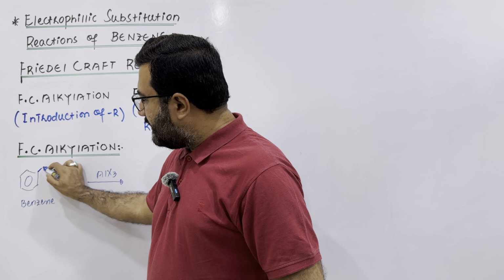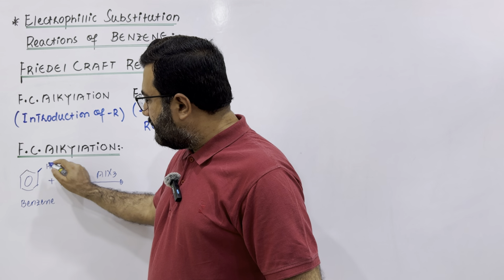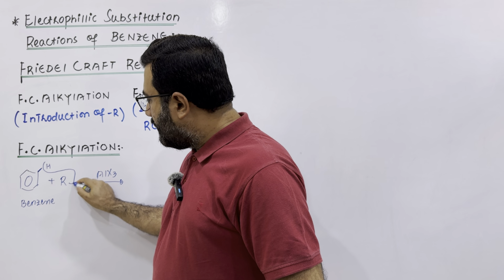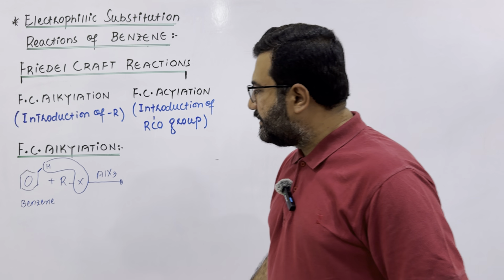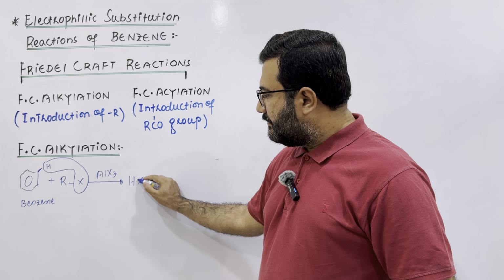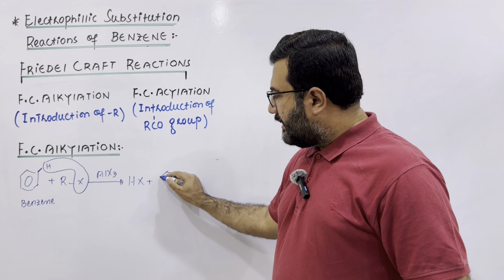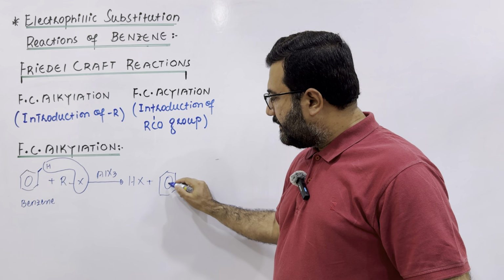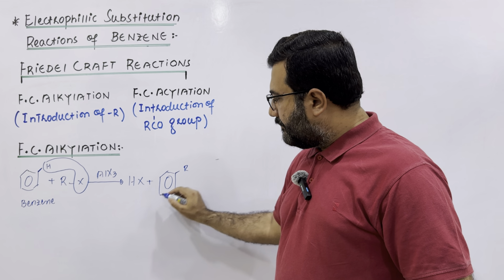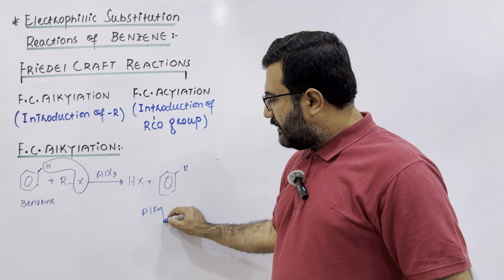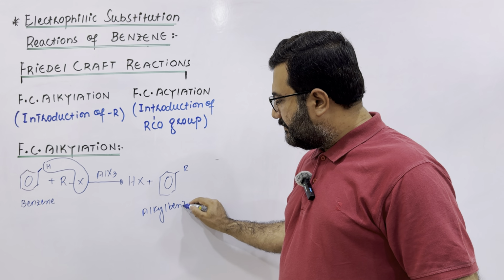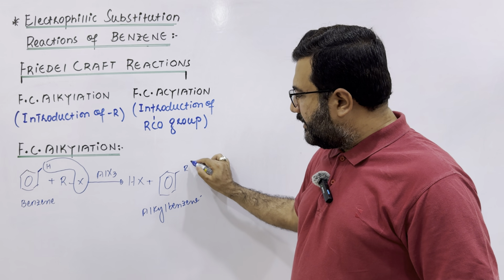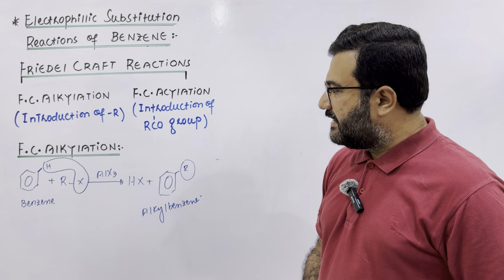My dear students, the hydrogen of one corner of the benzene joins with halogen to form HX, and finally you will get the alkyl benzene, and you have introduced the alkyl group to the benzene ring.